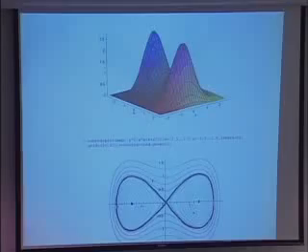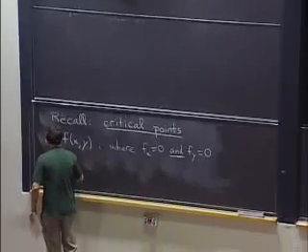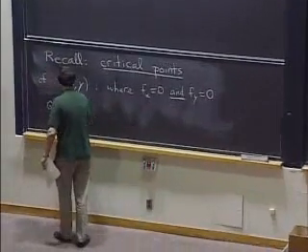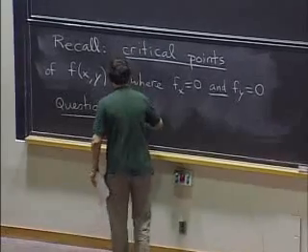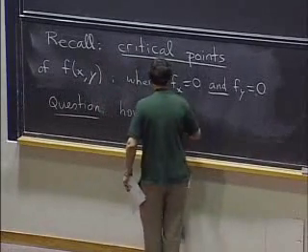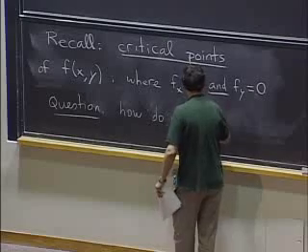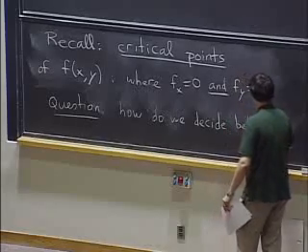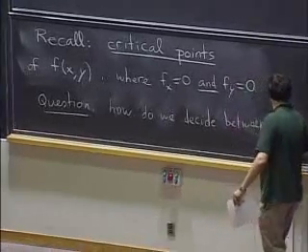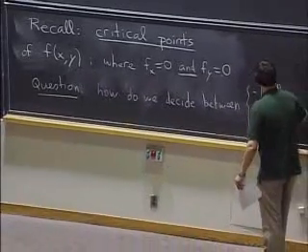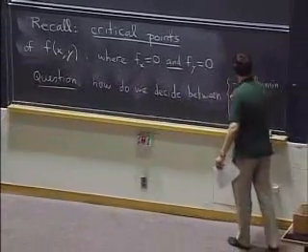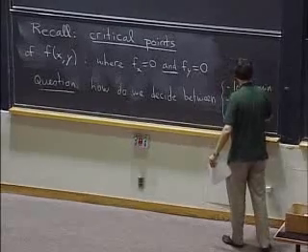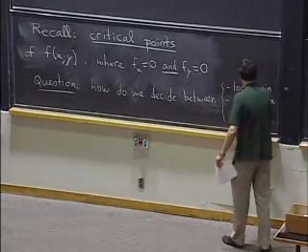So the question is, how do we decide between the various possibilities? Local minimum, local maximum, or saddle point.